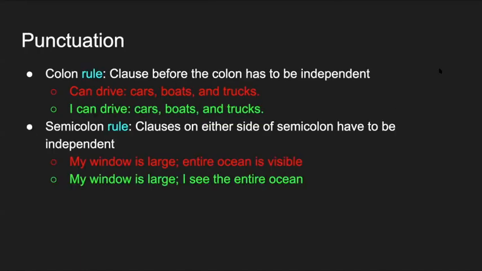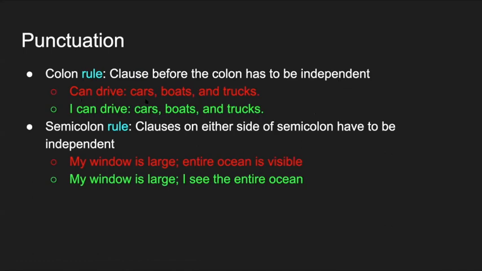Next one, punctuation. So this is the colon rule. Clause before the colon has to be independent. So this one is very, very, very important. For those of you that did practice test 1, you will notice, I think like 5 questions were testing things on this page. There were 5 questions testing this. So please learn this one. That clause before the colon has to be independent. Has to be.